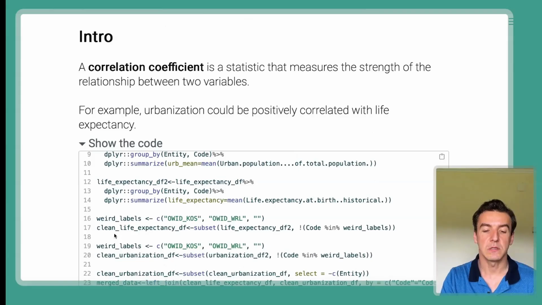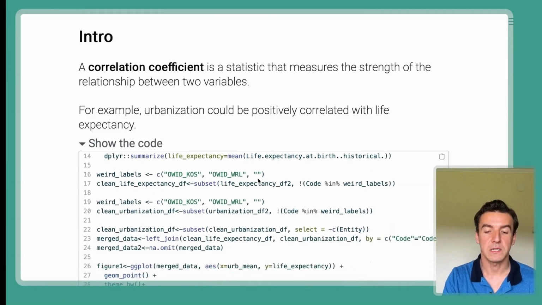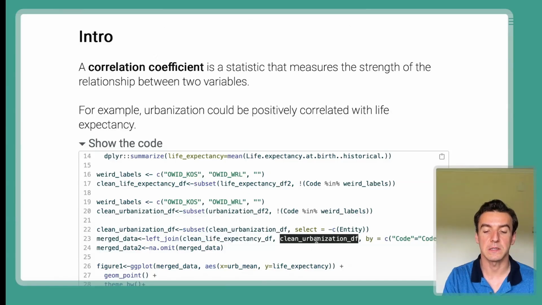We get rid of some weird labels, so the missing 3-letter codes for some countries, and then some countries have more than 3 letters, we get rid of them. For both life expectancy and urbanization. Finally, we do a left join where all the countries in urbanization get merged to the countries that have life expectancy.